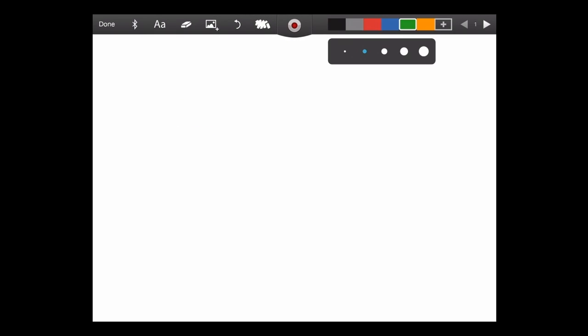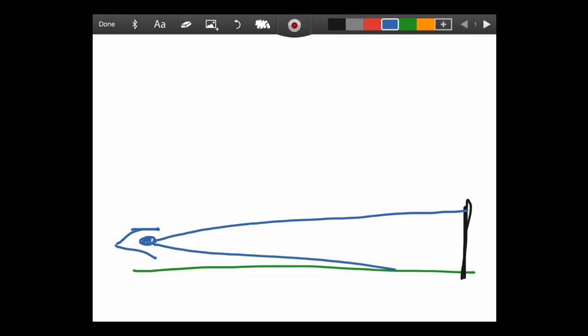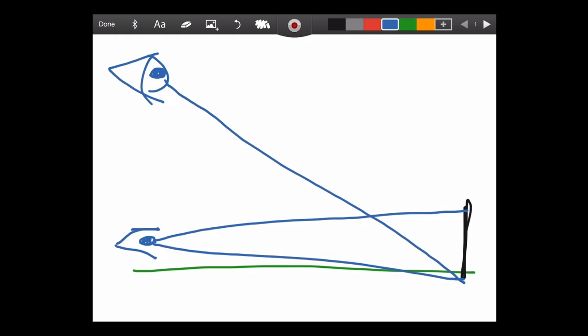How about instead of being tilted, the building is still straight up and down, but instead of having our eye here, looking at this angle, how about instead our eye was up here? And we were instead looking at this angle.